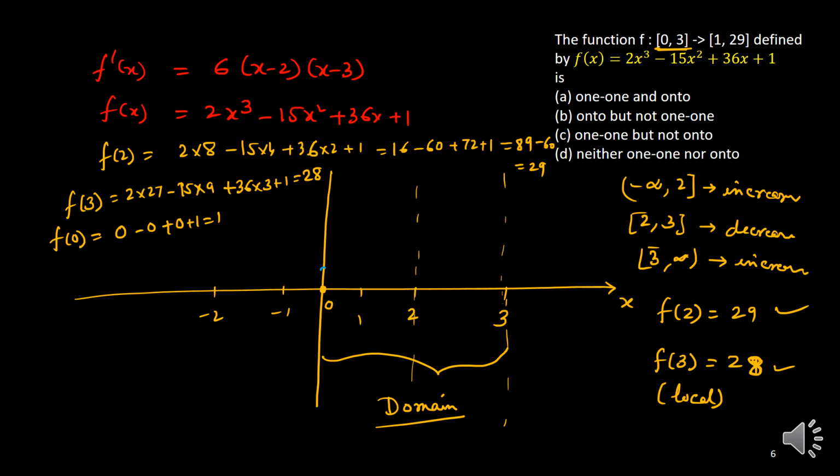At 2 the value is 29, and at 3 it is 28. Now we understand that in this range, minus infinity to 2, it is an increasing function.